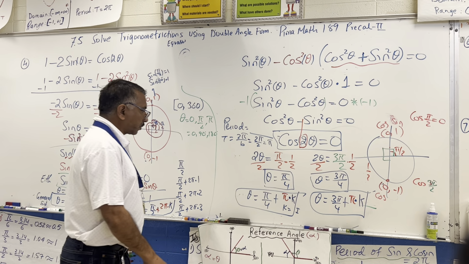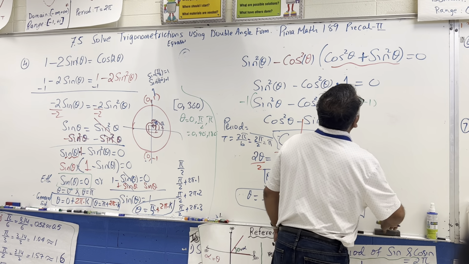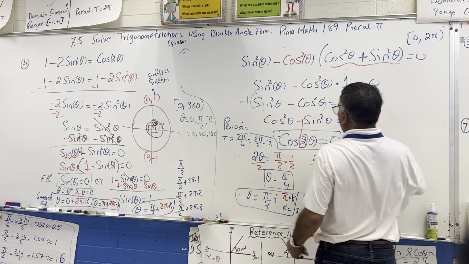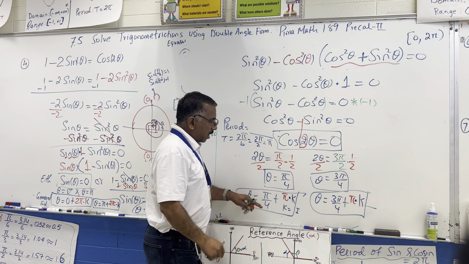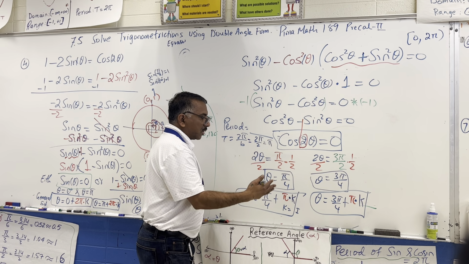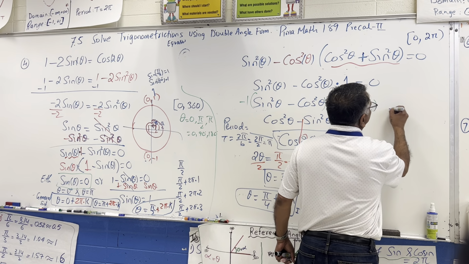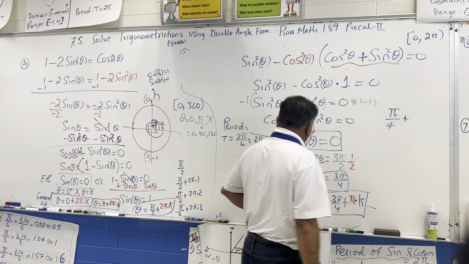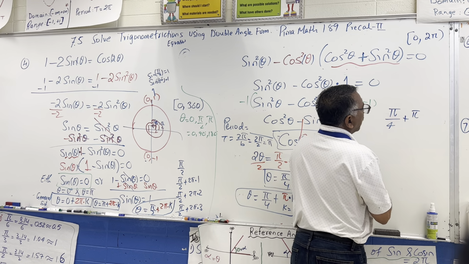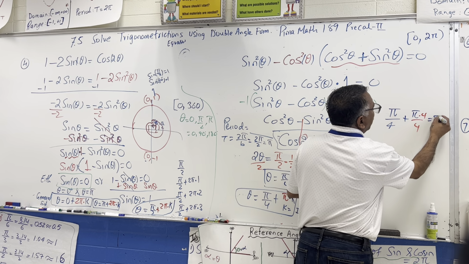So these are the general solutions. But they could ask you, how about getting the answer from 0 to 2 pi? Then you need to be very careful. It's just pi by 4, and you want to make sure it is not more than 2 pi. So the first one is pi by 4, and let's add 1 pi and see what happens. If we add 1 pi, multiplying by 4, we get 5 pi by 4.